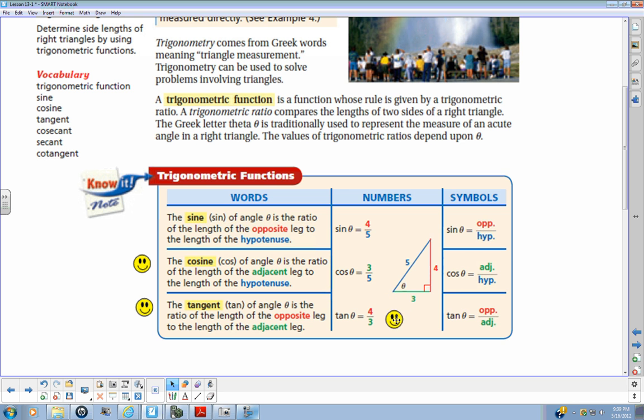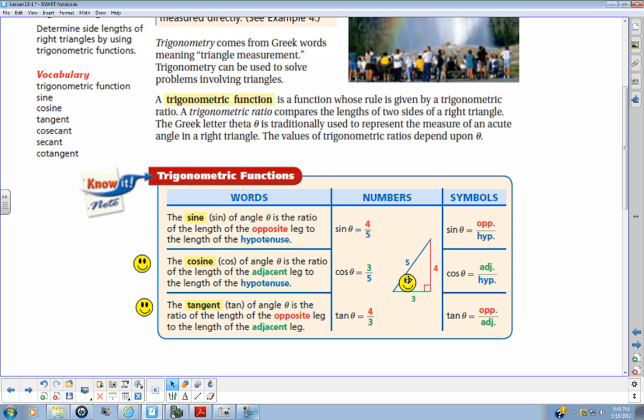Think about it this way: the longest side is always the hypotenuse, and the two sides that form the angle we're talking about, in this case the side that's 3 and the side that's 5, are helping form the angle. So the side that's 3 is the adjacent side, and the side that's 5 is the hypotenuse.